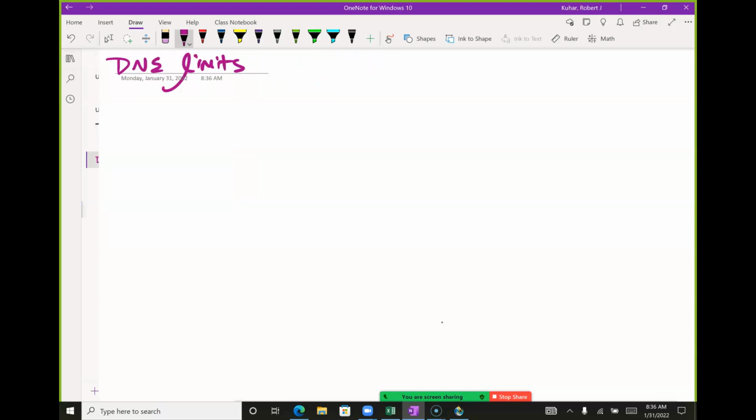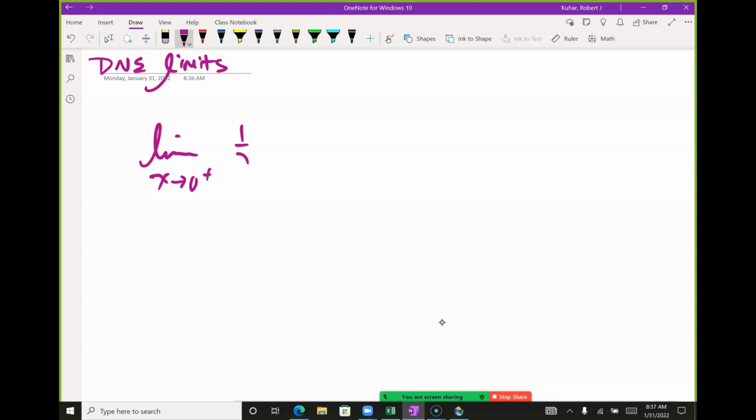So DNE does not exist. I hate the fact that the book is going to have you do this. They'll say the limit as x goes to 0 from the right of 1 over x equals, and you're supposed to write in DNE. And of course, the equal sign means numbers, right? The equal sign means numbers, but the program is weak.